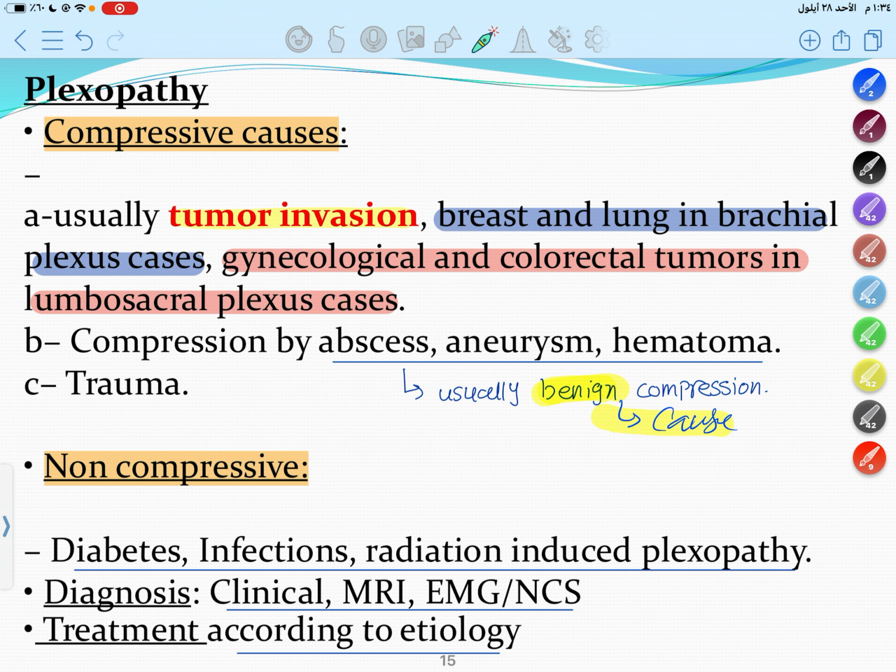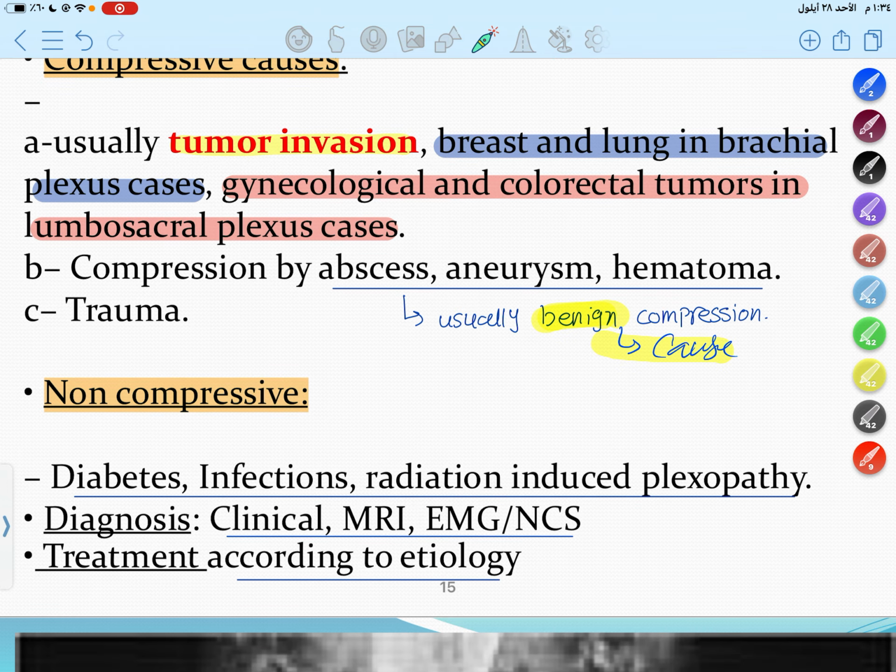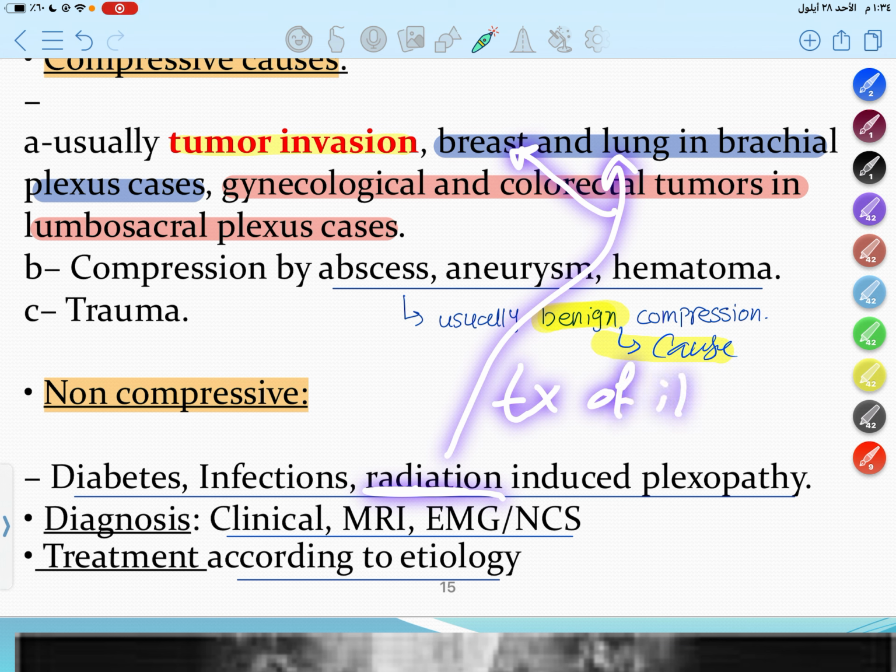radiation-induced plexopathy. What do we mean by radiation-induced? Those patients who have certain diseases in the lung or the breast, like tumors, need a treatment protocol, and one of the treatments is radiation.